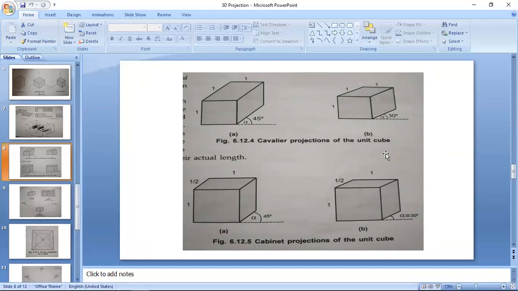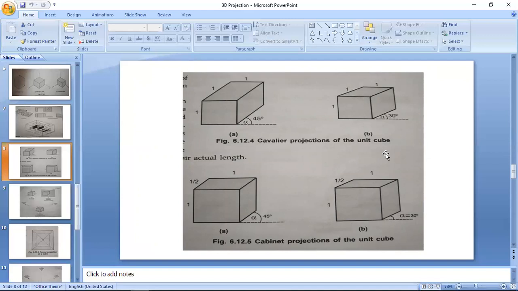Okay, now we are learning the second type of parallel projection, that is the oblique parallel projection, which is again classified into Cavalier projection and the cabinet projection. So what do you mean by this Cavalier and cabinet projection? That we'll see in this diagram.